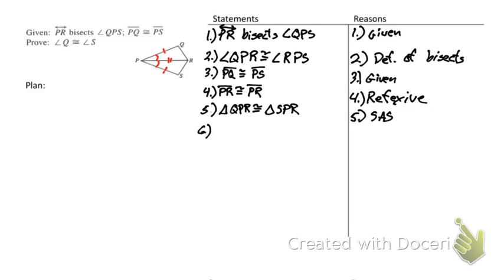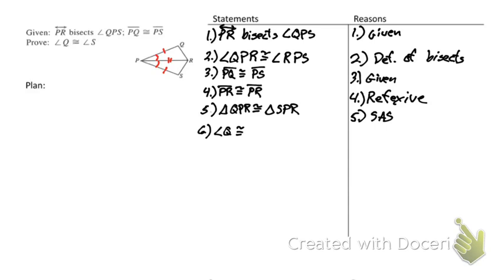Who thinks they know the 6th step? Angle Q is congruent to angle S because of CPCTC. Kapukataka, if you can't remember CPCTC. Kapukataka is way easier. No, it's in your pink sheet also. It's in your definitions if you ever forget. If you're on a test, you're like, oh, there's a C, there's a P, there's T's in there.